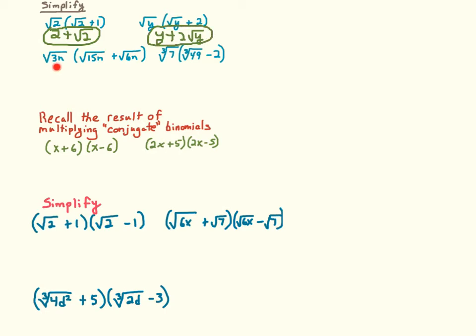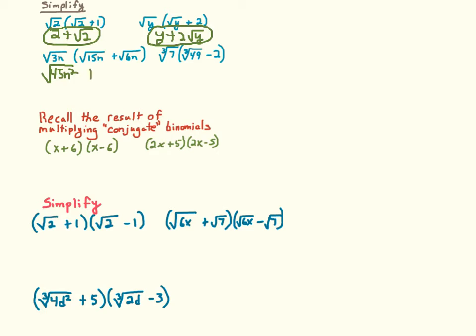Next one, I have the square root of 3n times the quantity, the square root of 15n plus the square root of 6n. Those aren't like terms. I can't put those together before I multiply. So I'm going to say the square root of 3n times the square root of 15n is the square root of 45n squared.